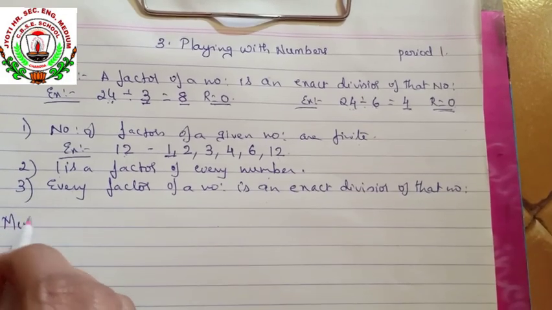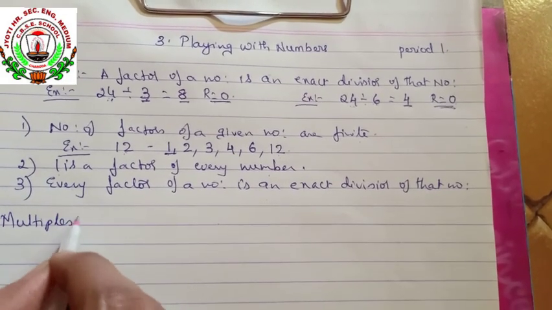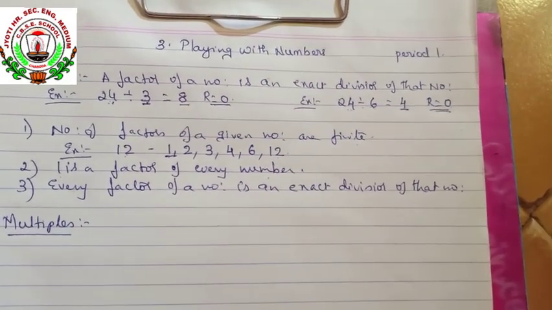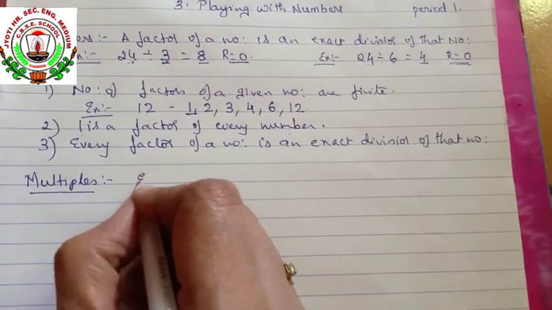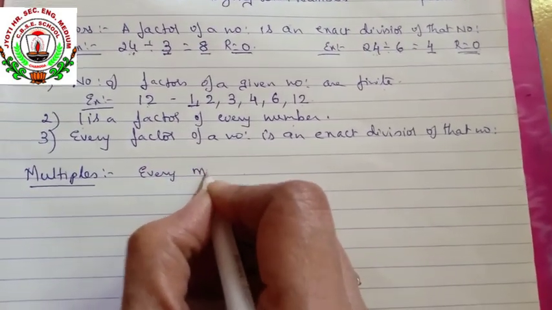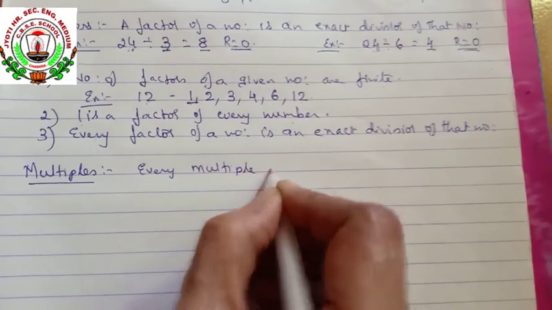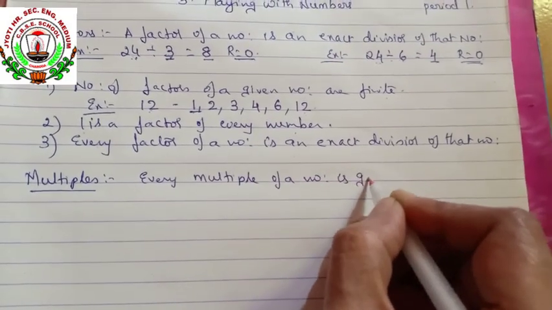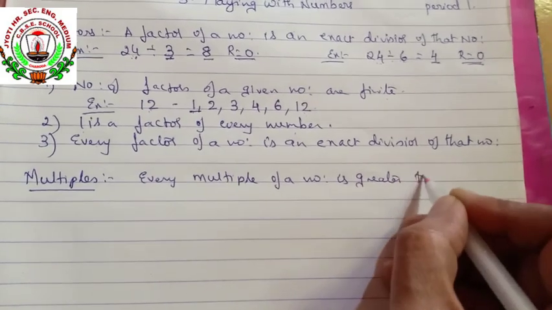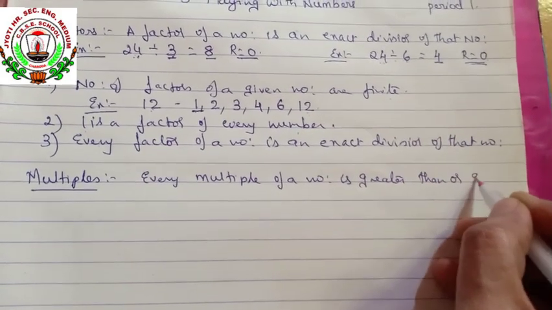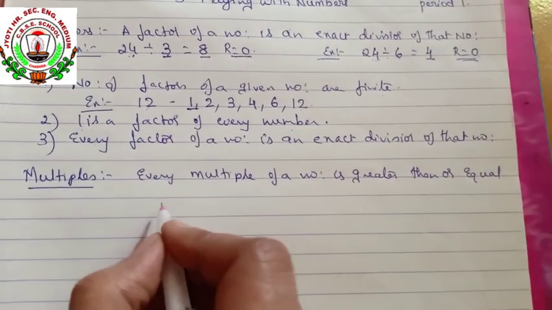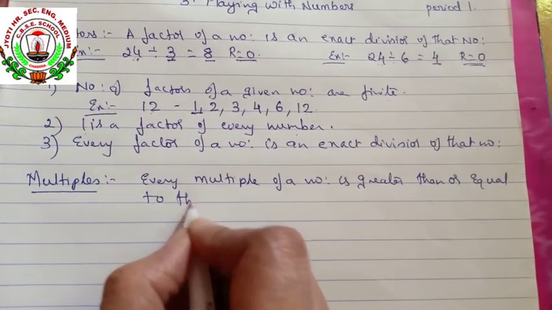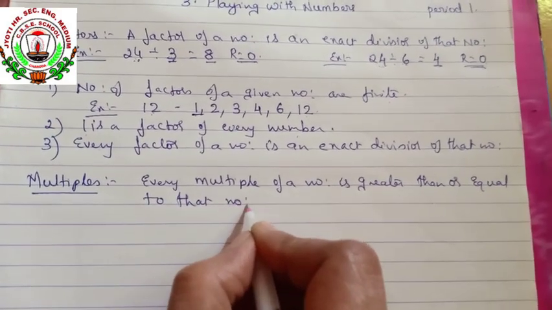So every factor of a number is an exact divisor of that number. Next one is multiples. Every multiple of a number is greater than or equal to that number.